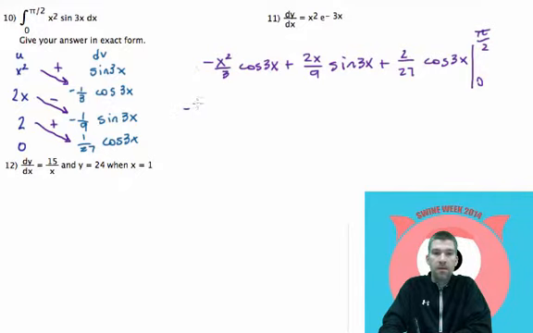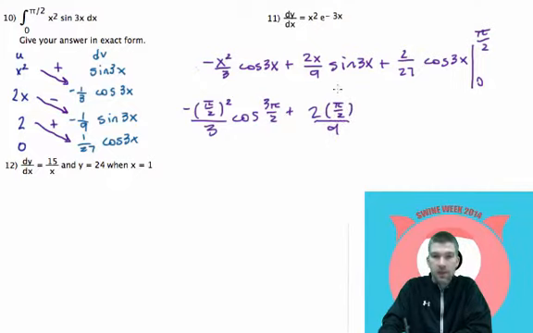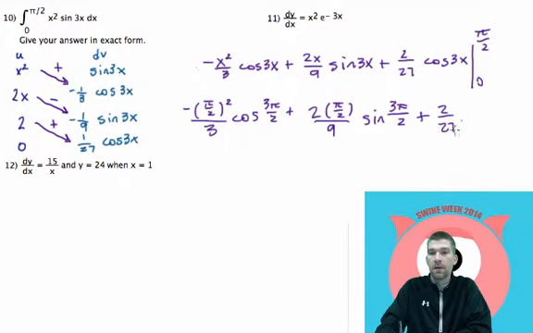So negative pi over 2 squared over 3 times the cosine of 3 times pi over 2, plus 2 times pi over 2 over 9 times, that's a nasty 9, times the sine of 3 pi over 2, plus 2 over 27 times the cosine of 3 pi over 2.